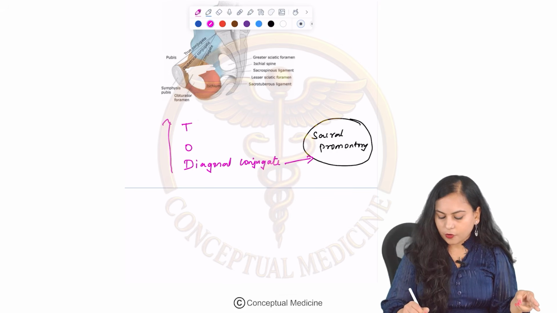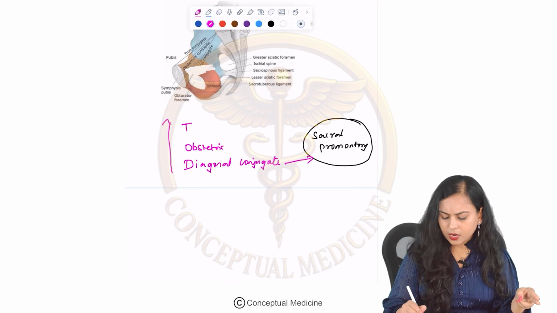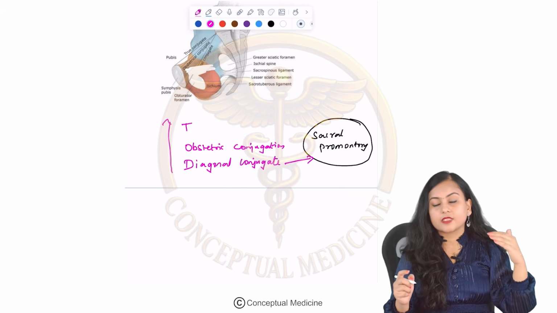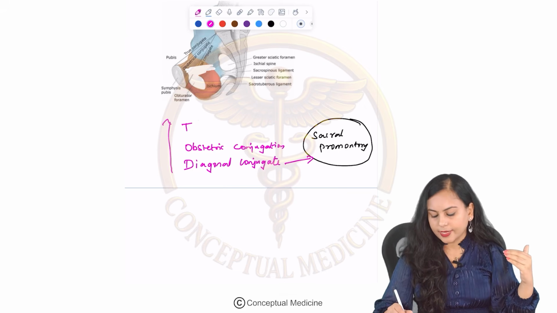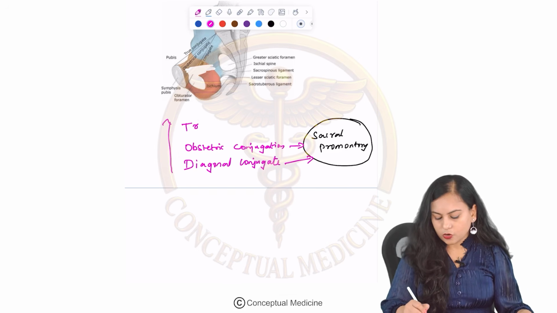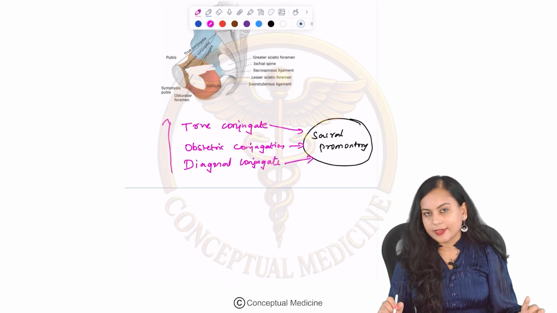Okay, then obstetric conjugate. Obstetric conjugate means it is from the middle portion of the pubic symphysis, the posterior side of the middle portion of the pubic symphysis, to the sacral promontory. Then true conjugate means it is from the upper portion of the pubic symphysis to the sacral promontory.